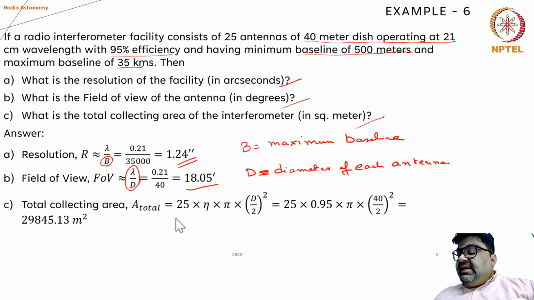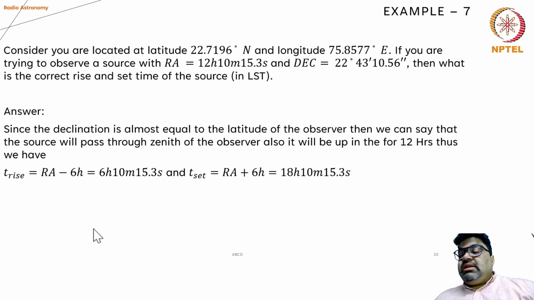Total collecting area is given by the area A total of 25 antennas, times the efficiency, times pi D by 2 whole squared. So if you put all the values, you simply get to this calculation. Pretty simple by now. We have done more examples of this kind.